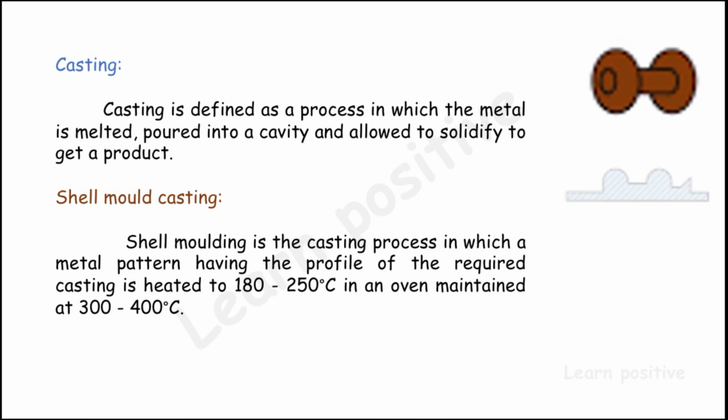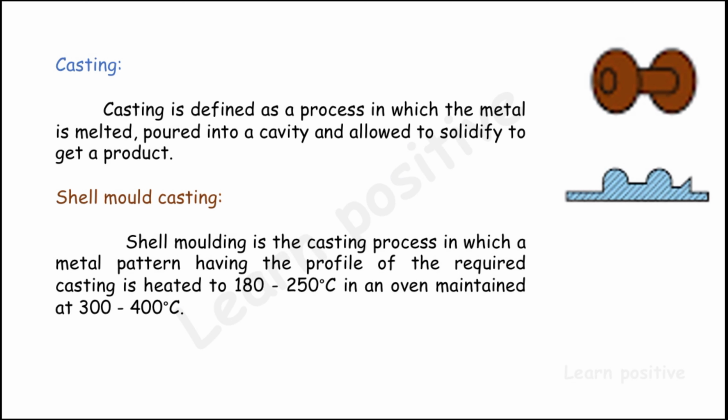The shell molding casting process uses a metal pattern having the profile of the required casting. So in this method, the first image shows the pattern. It is the final piece, so I have to prepare a profile.